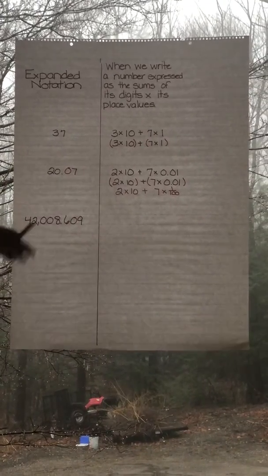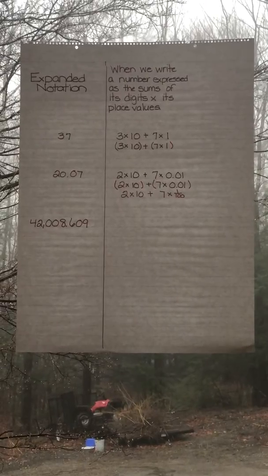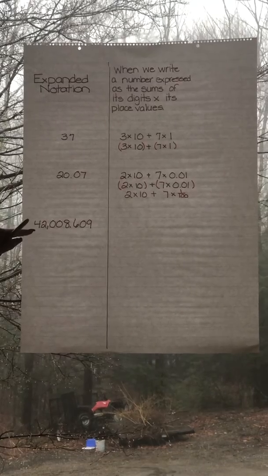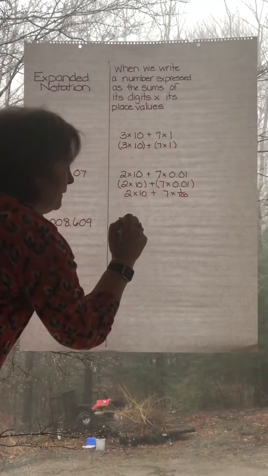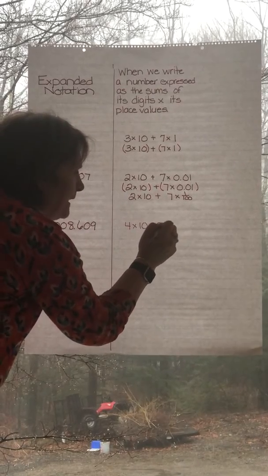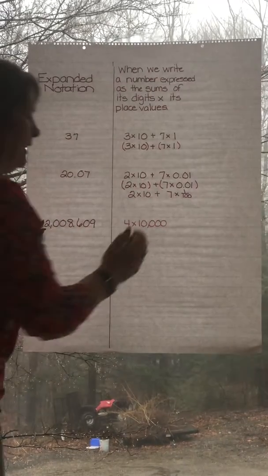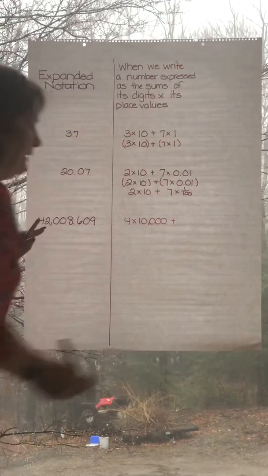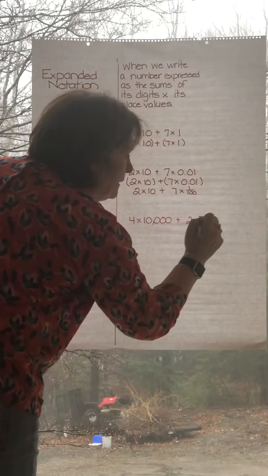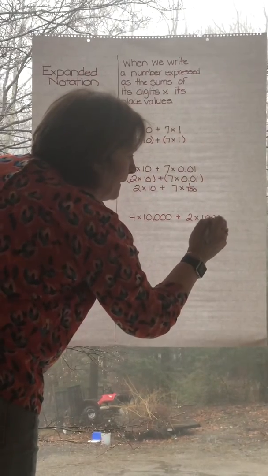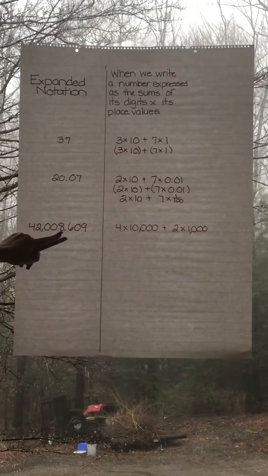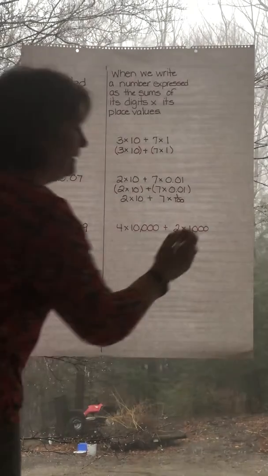So let's take a look at this one. There's a 4 in the ten-thousands place. So that means we would have to write 4 times 10,000. And then there's a 2 in the thousands place. So that would be 2 times 1,000. And then we skip all the way to the 8 in the ones place.